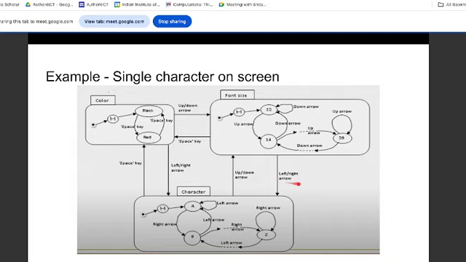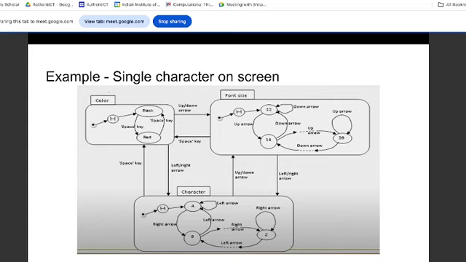For example, if you can see this character block, you saw that there are so many states that it is doing. If a user sees a character A on the screen and wants to change it to H, they have to click the right arrow key so many times, 8 times to reach H, or 7 times.